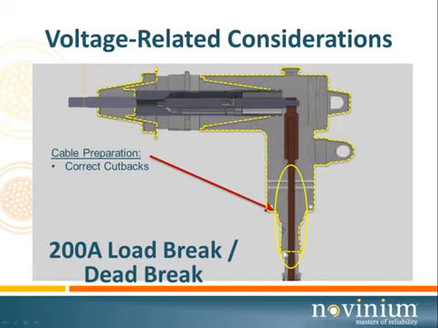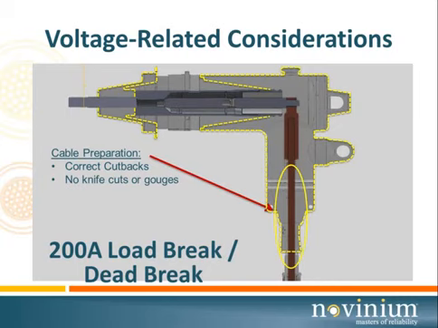Down here in the lower portion of this slide is the insulation shield, the semicon. The semicon is short. It should be inside the housing here. We all know that if you see insulation here, there's a potential problem. So cutbacks are critical.